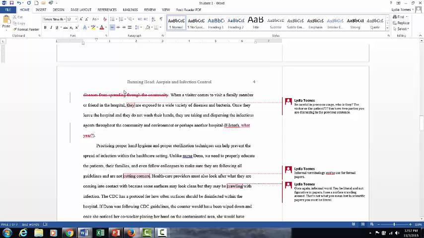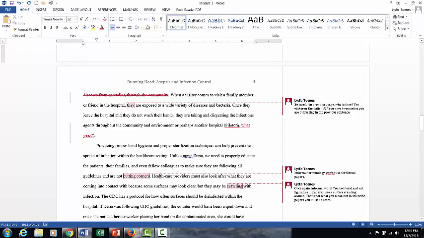Or if you're talking about both of them, you can say both are exposed to a wide variety of diseases and bacteria. So watch your pronoun usage. This student had an example, but a lot of everybody, in fact, if not everybody, had some interesting pronouns that were just kind of hanging out there that I wasn't really sure what they were talking about.